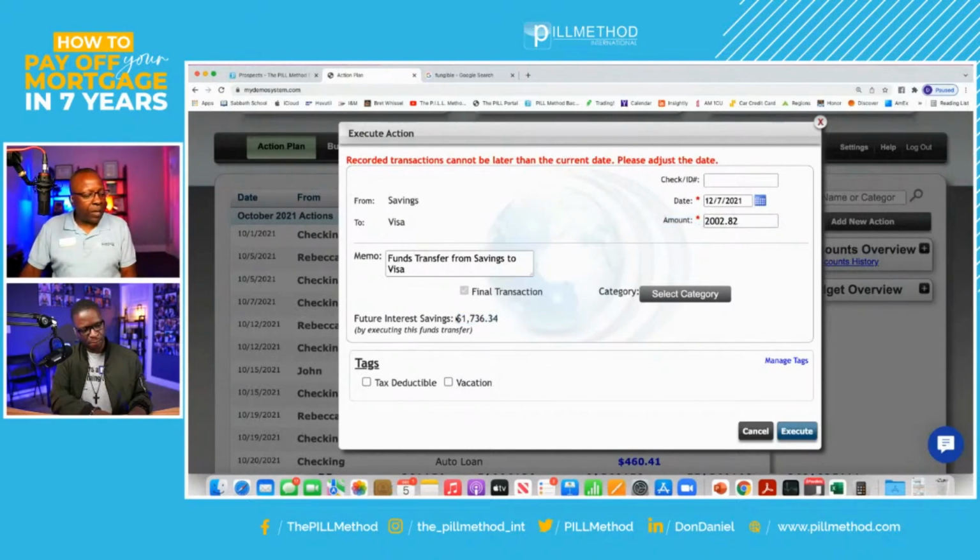The bank was hoping to get this money, but now they can't get it because you dropped money out of your savings account, not stealing money from your budget, not stealing money from your family's fund, not stealing money from your daughter's ballet lessons or your son's travel football or baseball or whatever. It was extra money left over after all those things get paid, and it went into a savings account. And the program says, take that money, drop it here, save this interest.